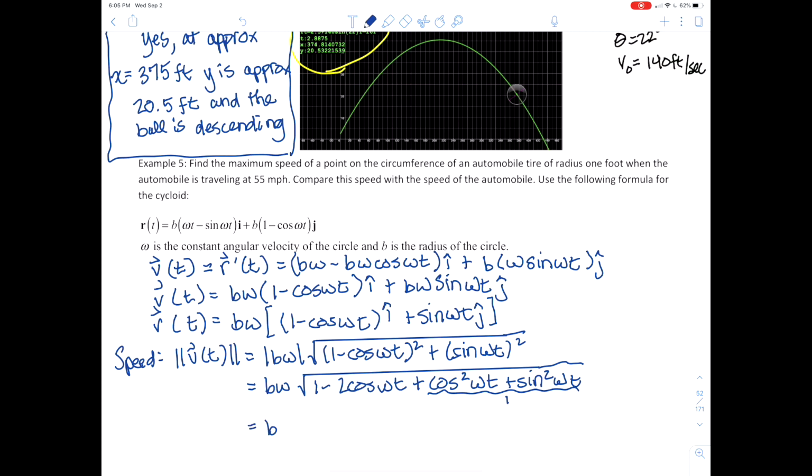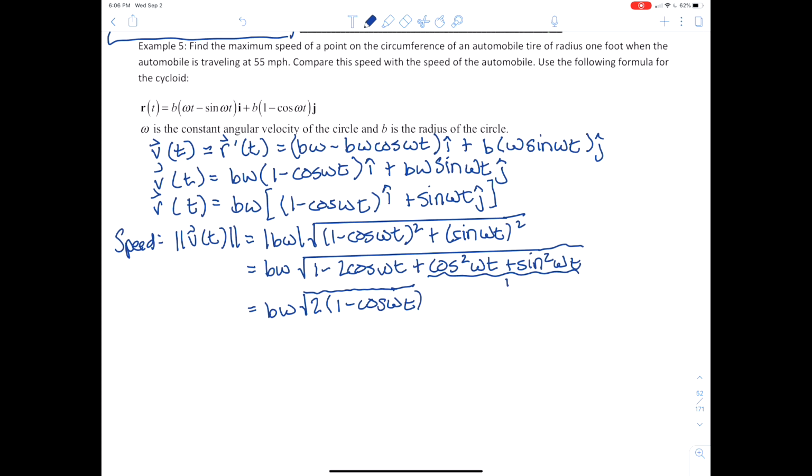So we'll get b times omega times the square root of, that would be 1 plus 1 is 2, and then we can factor that out because it'd be 2 minus 2 cosine omega t, so then we need 1 minus cosine omega t. So then we would get root 2 b times omega times the square root of 1 minus cosine omega t.